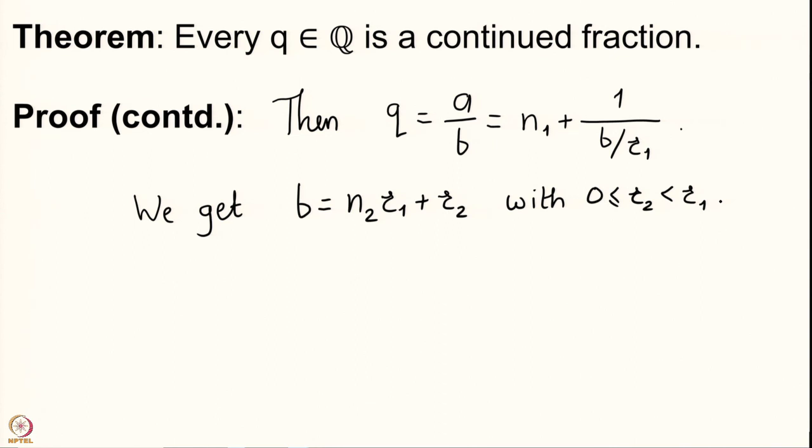So, n2 is natural, r2 is natural and moreover r2 lies between 0 and r1 with possible equality at 0.